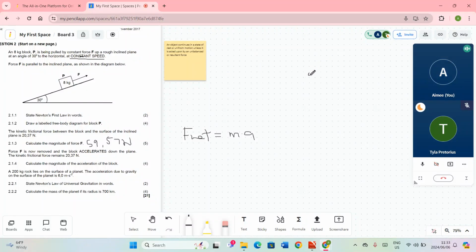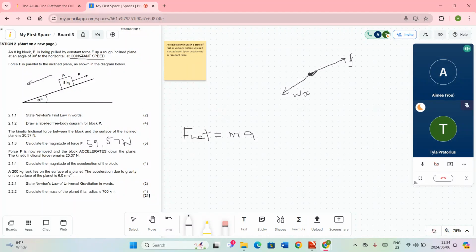It means that I've got my block, I've got my weight, my x component of weight, and my friction now moving in the opposite direction. Why? Because friction moves in the opposite direction of motion. And they've just told you that the block is released and accelerates down the slope. Okay?